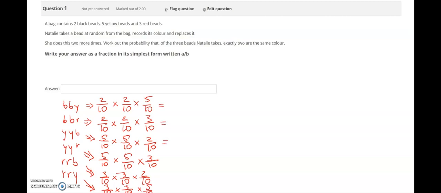By multiplying these, you'd have 20 over 1000 here, then 12 over 1000, 50 over 1000, then we have 75 over 1000, we would have 18 over 1000, and finally 45 over 1000.